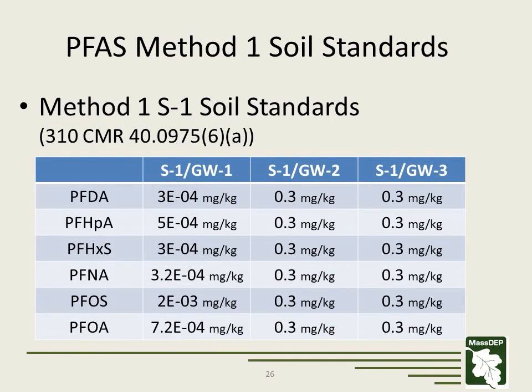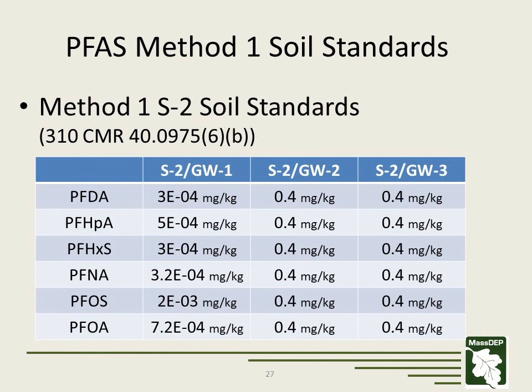So here are all the Method 1 S1 standards for the 6 individual PFAS compounds that we're concerned about. You'll see that where leaching to groundwater is a big concern, where the groundwater below the soil is being protected for its current or future use as groundwater, then the standards are significantly more stringent or lower than those areas where the groundwater is not protected for drinking water use.